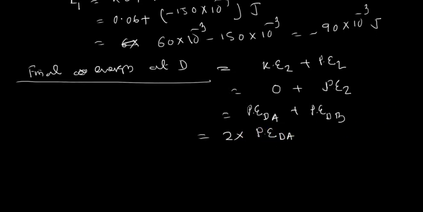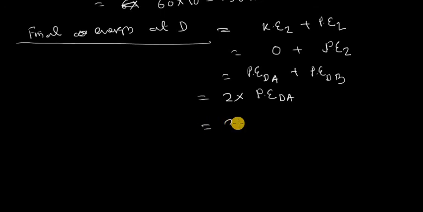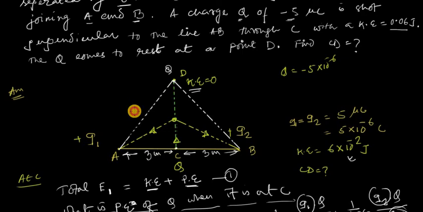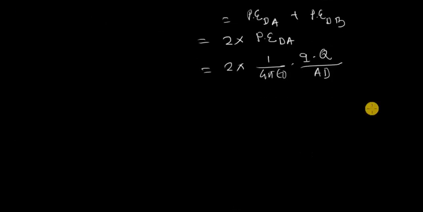Now potential energy at D due to A is nothing but 1 by 4 pi epsilon naught, capital Q small q by the distance AD. Now say AD is nothing but R. This is also R. So putting AD as R.